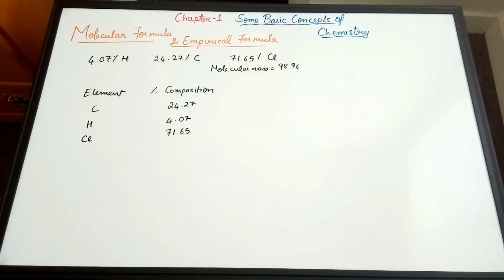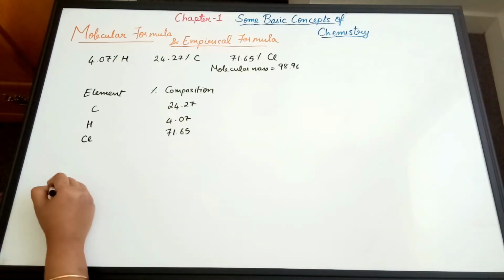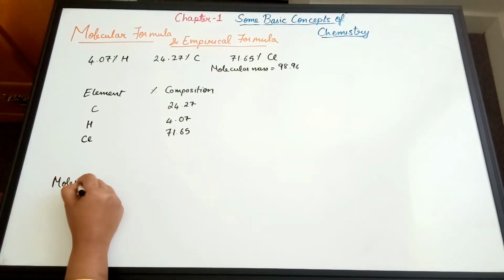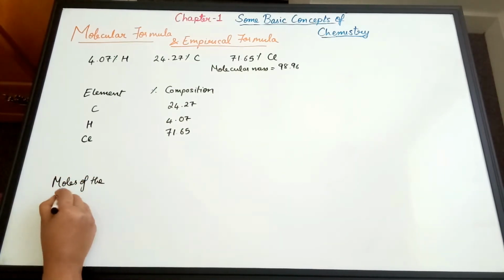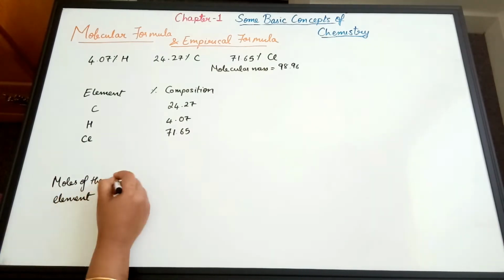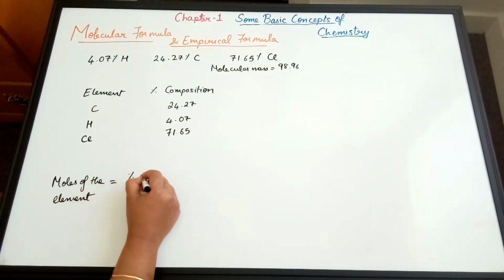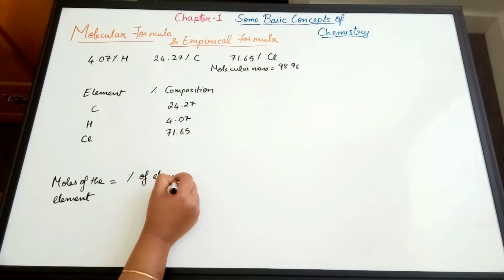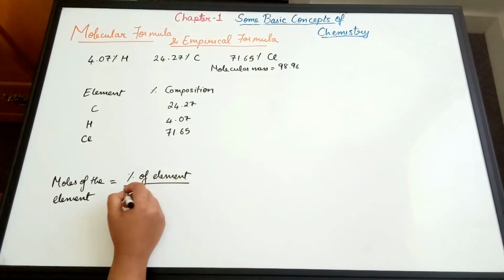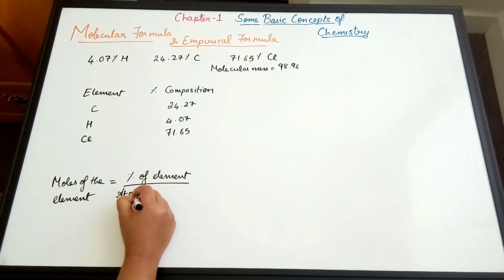Now, the first step is to divide the percentage of the element by its atomic mass, which will give us the number of moles of atoms of the element in the compound. So the moles of the element is the percentage of the element divided by its atomic mass.